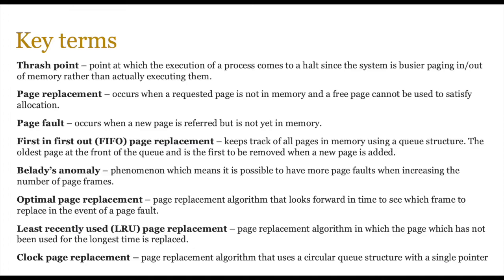Optimal page replacement is an algorithm that looks forward in time to see which frame needs to be replaced in the event of a page fault. The least recently used page replacement algorithm looks at the pages which haven't been used for the longest time, and those are replaced first. And then finally, there's also the clock replacement algorithm, which uses a pointer-based system to replace pages.